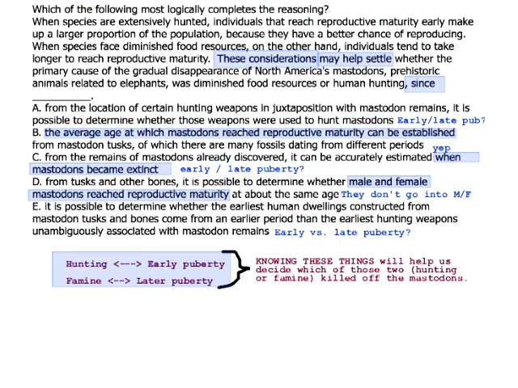So again, notice 90% of the work that you do happens up here. You don't really want to go into the choices until you have a very, very specific criterion to apply to them. You should have a question that you can ask each of the choices. Like, hey, do you connect the idea of puberty to these mastodons?